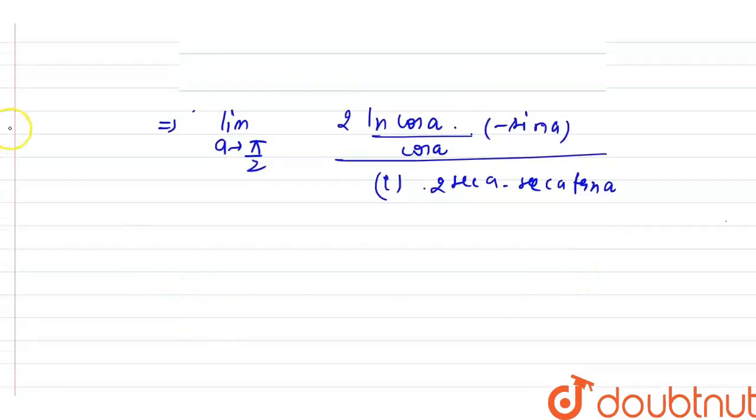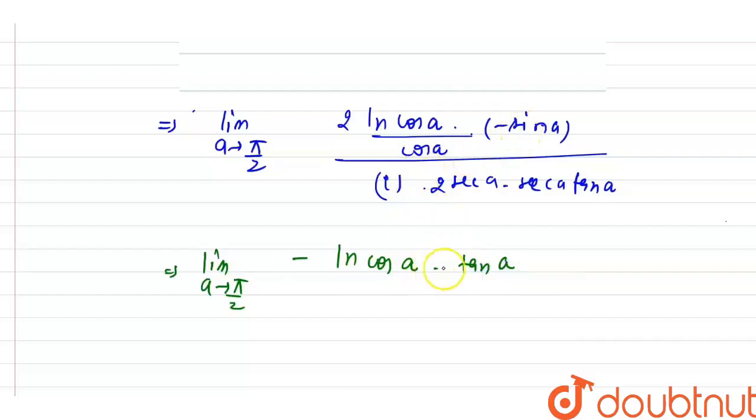It will be limit A tending to pi by 2, this 2 will cancel out this 2, it will be ln cos A, minus I'm taking outside, and here we have tan A because sin over cos is tan A, over sec square A tan A.